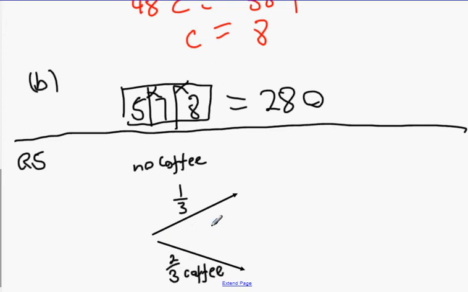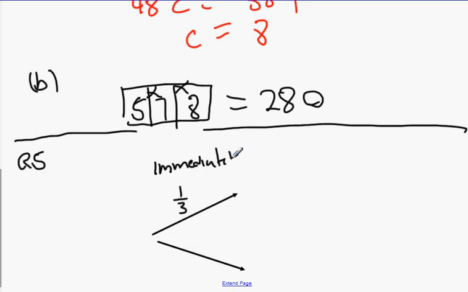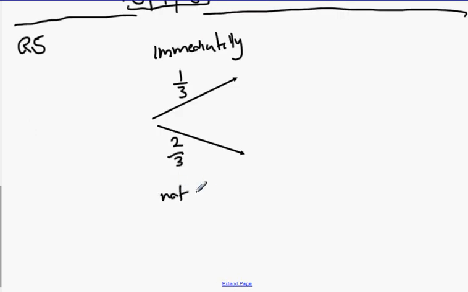The first option is leaving immediately or not immediately. So there's a 1 in 3 chance of leaving immediately, and there's a 2 in 3 chance of not immediately. Is that alright? Now, there's your next choice.